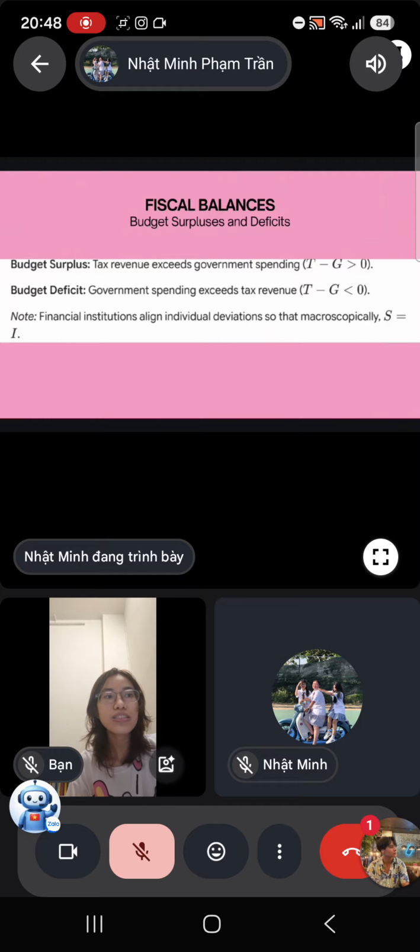A budget deficit occurs when spending exceeds tax revenue. While individual households or governments can run imbalances, the financial system ensures that macroeconomically S equals I and Y holds true.